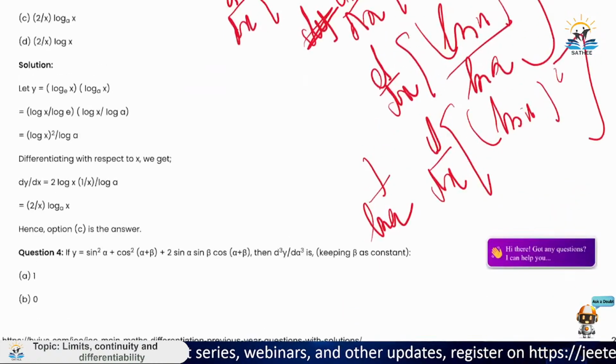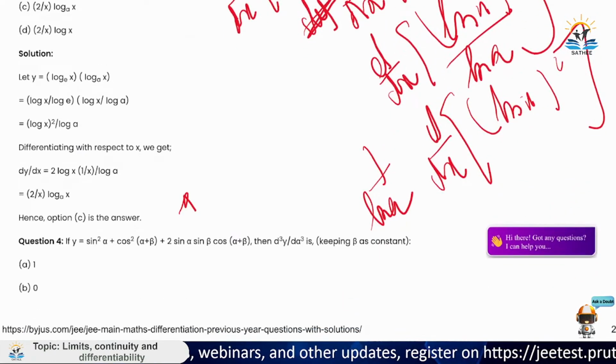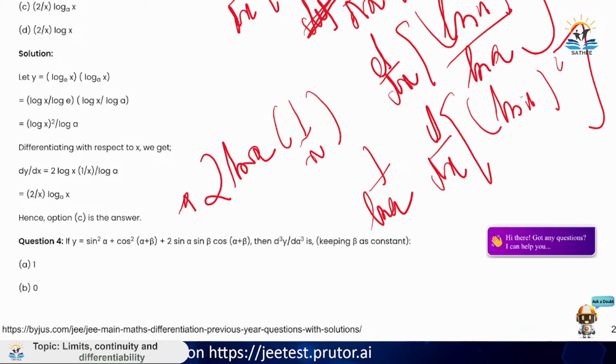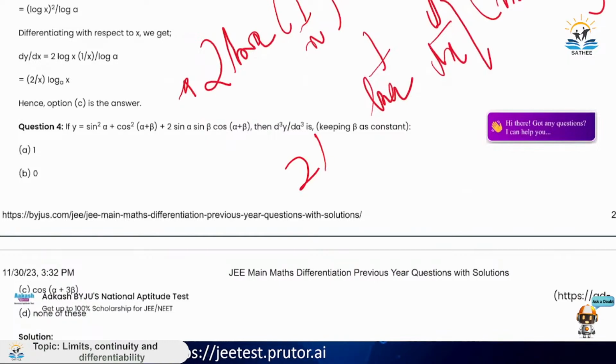And then on the derivation, we'll apply the chain rule here. We'll take ln x equals t. So we do the derivative of t², we get 2t, so 2 ln x. And then the derivative of ln x is 1/x. So what we get is 2 ln x upon x ln a.